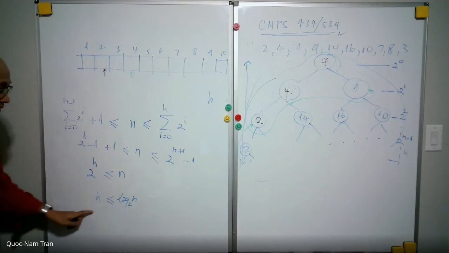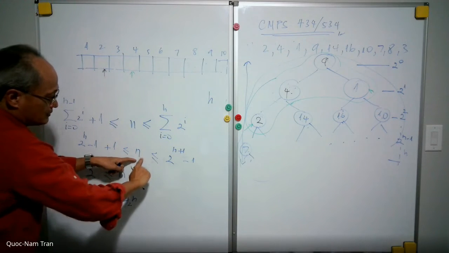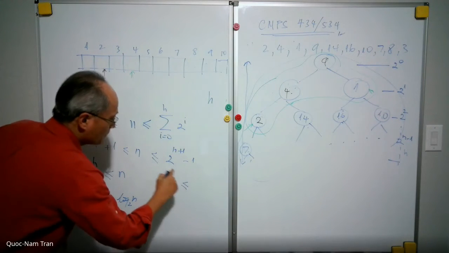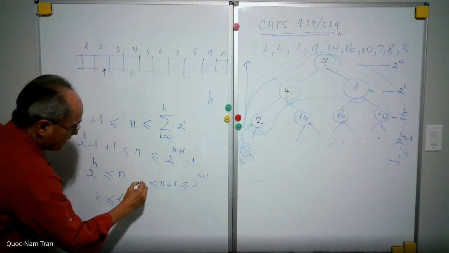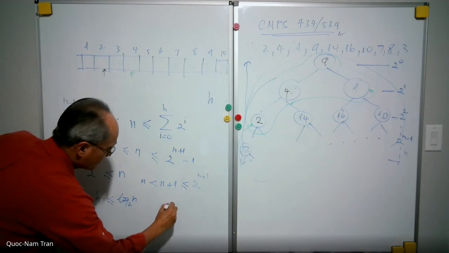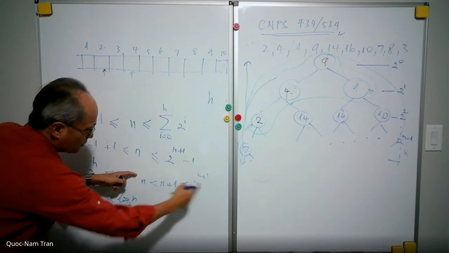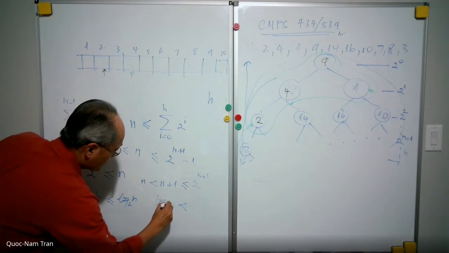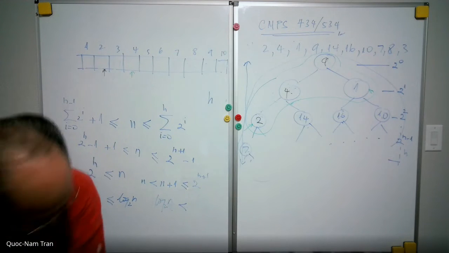On the other side, bringing minus 1 over, n plus 1 is less than or equal to 2 to the power h plus 1. n plus 1 is greater than n, so n is less than 2 to the power h plus 1. Take log on both sides, you have log 2 of n. Let me throw this one away.